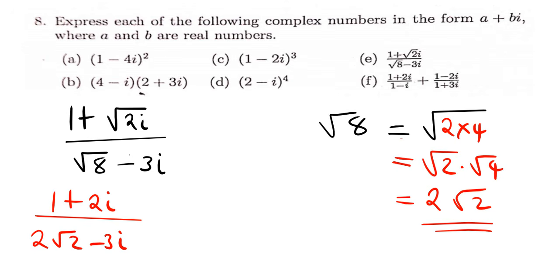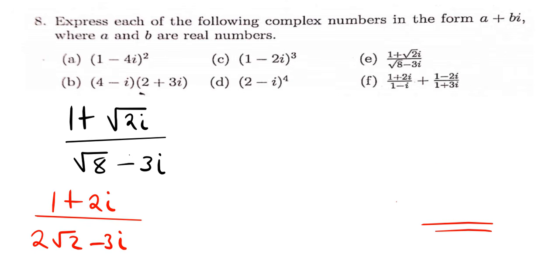Okay, now that we've got this, what we're supposed to do is multiply the numerator and the denominator by the conjugate. The conjugate is the opposite of what we have down there. So I'm just going to do it in a different fashion.